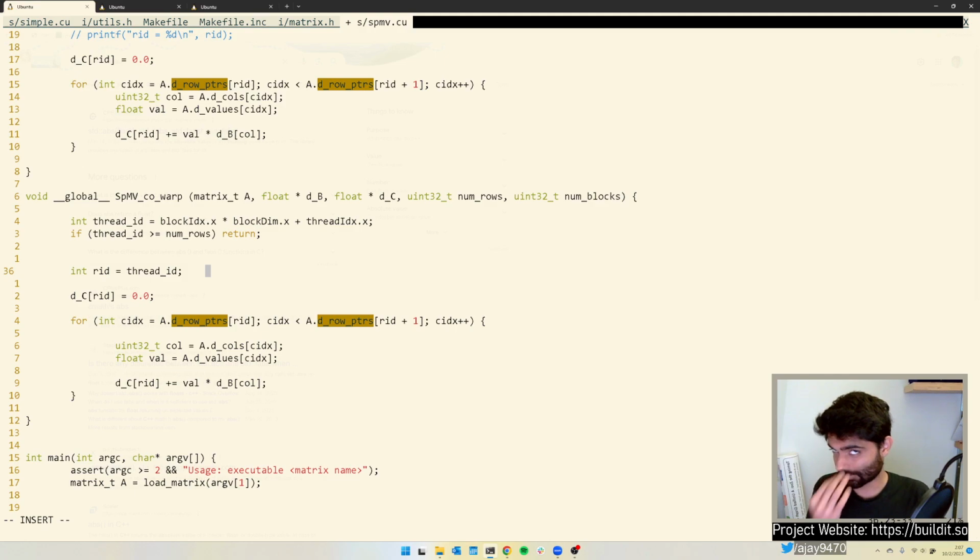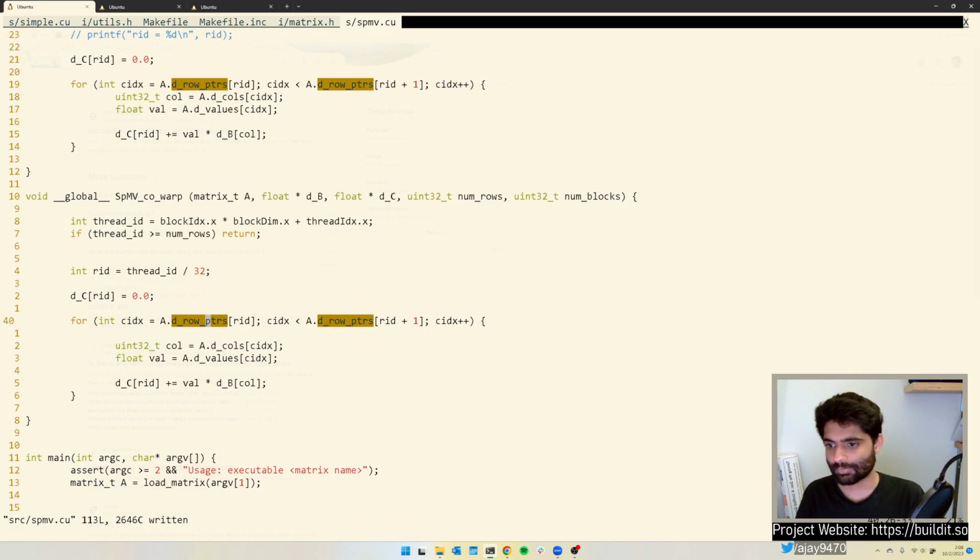So I'm going to launch 32 times the number of threads than the vertices. So the row ID is going to be thread ID divided by 32. So if I have 5 vertices, I'm going to launch 32 times 5 threads. That way I have 32 threads handling each vertex.